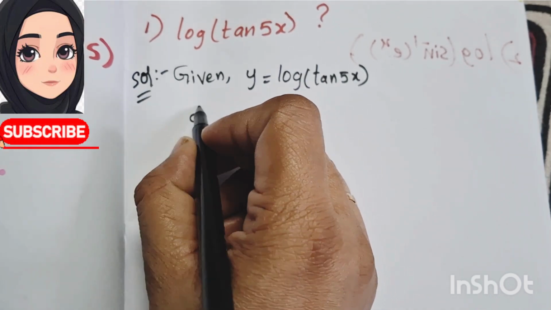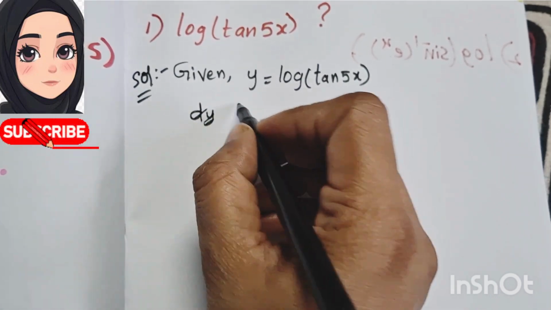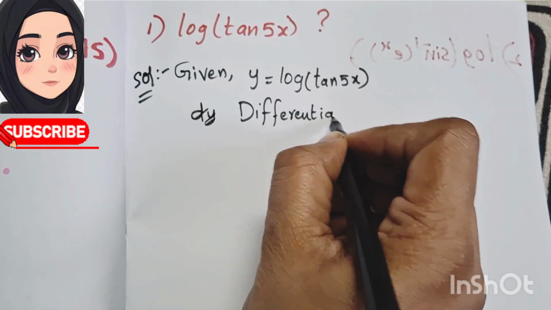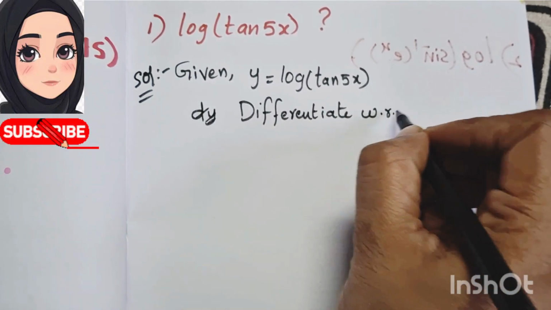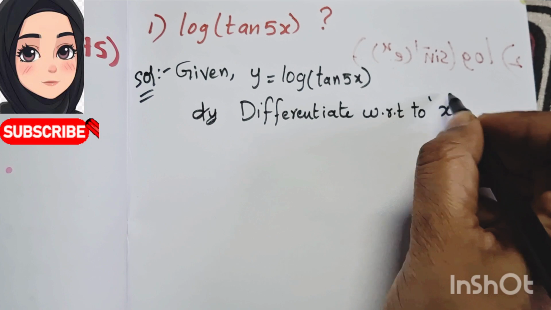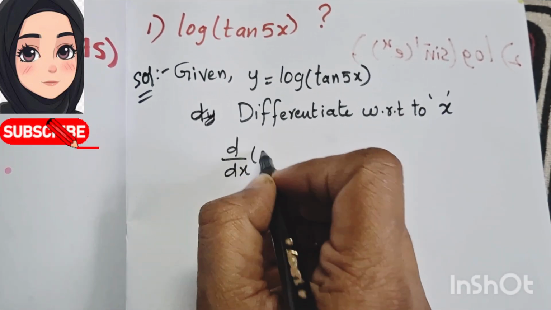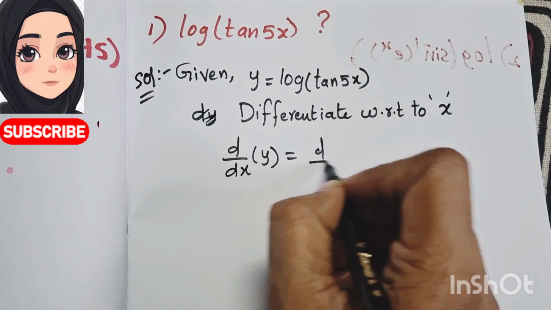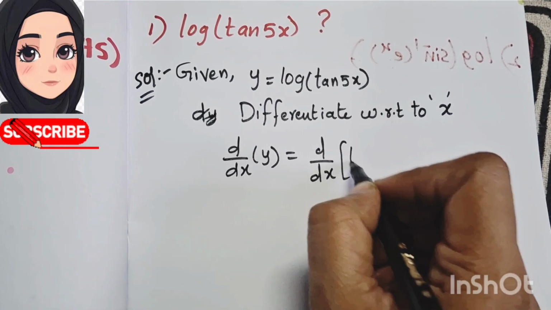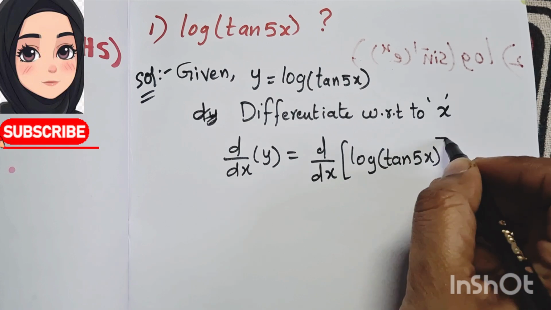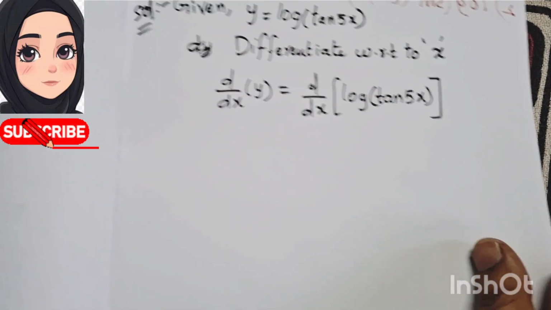So we differentiate this with respect to x. Now d by dx of y is equal to d by dx of log of tan 5x. Got it? Now we have to differentiate.